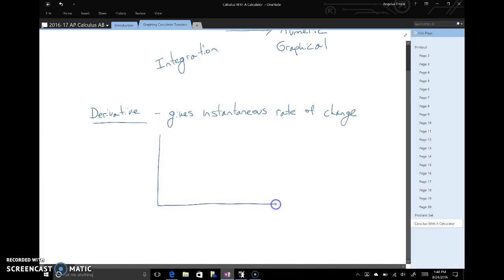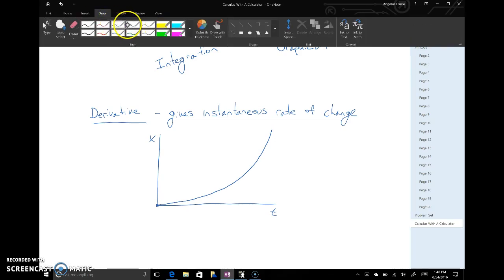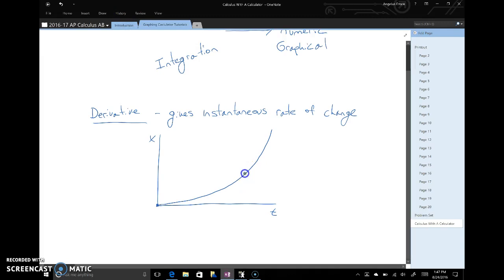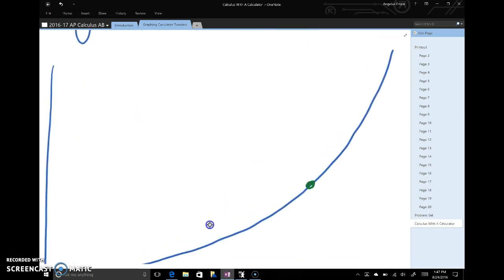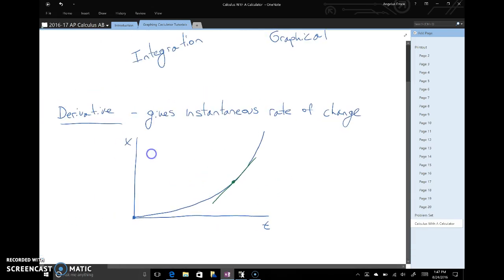So if I had a graph of position and time, and the object was moving like this so that its position started at 0, and over time it exponentially increased its distance away from us, the derivative would be the instantaneous slope of that line at any point. That's our conceptual understanding of what's going on.